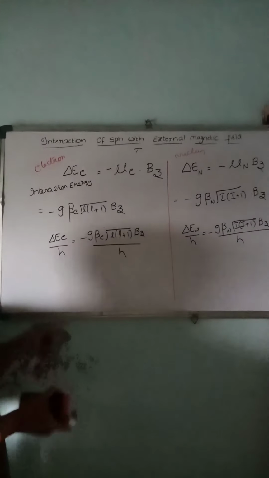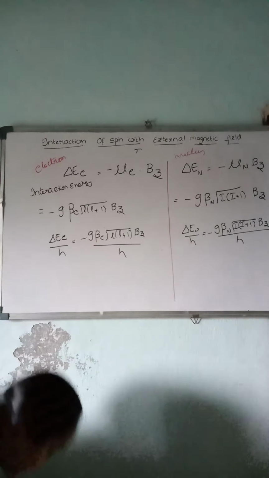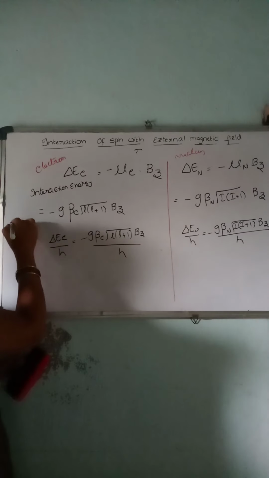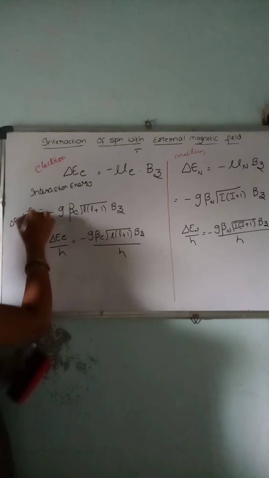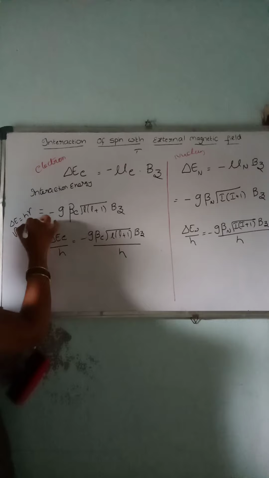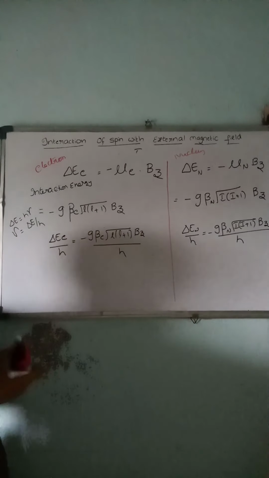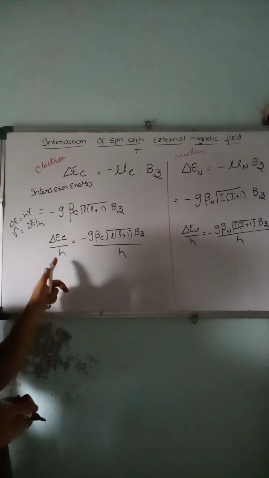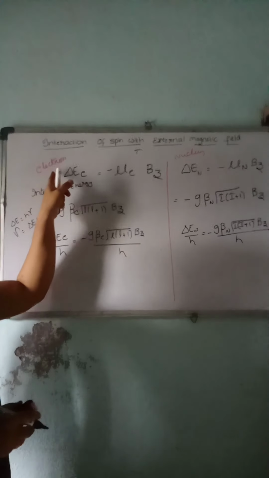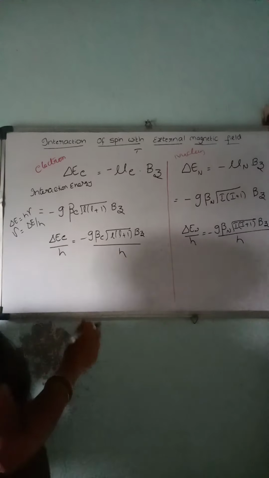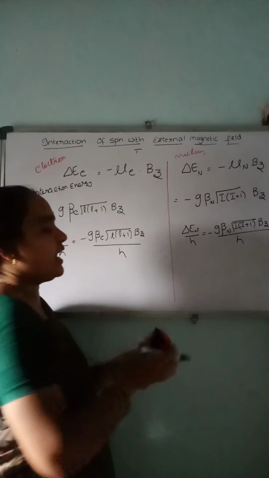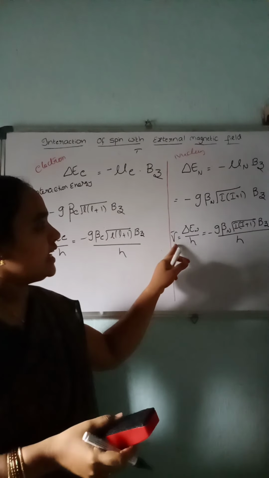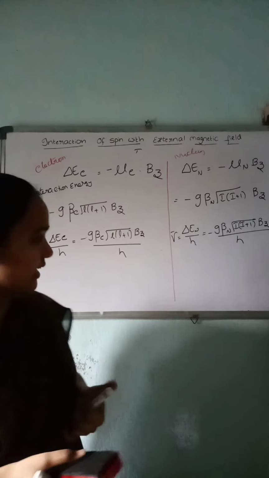So what is delta E by h? From Bohr's theory, we know that delta E is equal to h nu. Then the value of nu is delta E by h. From this we can calculate the frequency of the electron in the presence of the external magnetic field, and the frequency of the spinning nucleus in the presence of the external magnetic field.